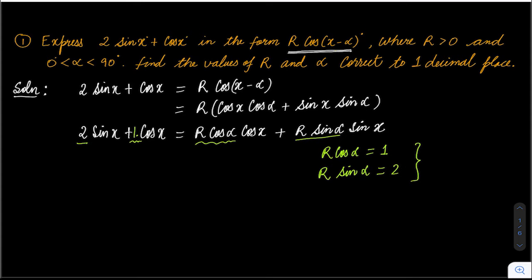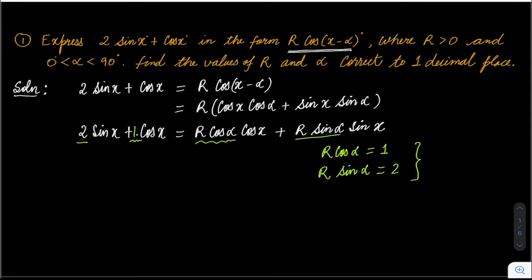Now to find the r value, what I can do is, I can square and add. If I square and add, that is r square cos square alpha plus r square sin square alpha, I am squaring and adding. So this is 1 square plus 2 square.